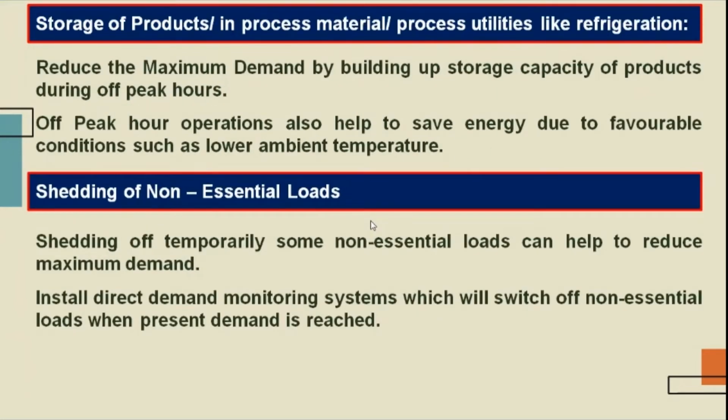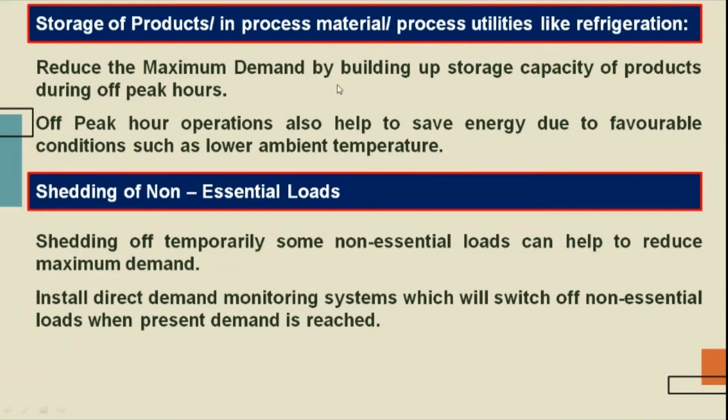Next, let us see storage of products in process, material process utilities like refrigeration. This is something which is related to the industrial application. Reduce the maximum demand by building up storage capacity of products during off-peak hours. Off-peak hours means the hours in which the utility charges less for usage.